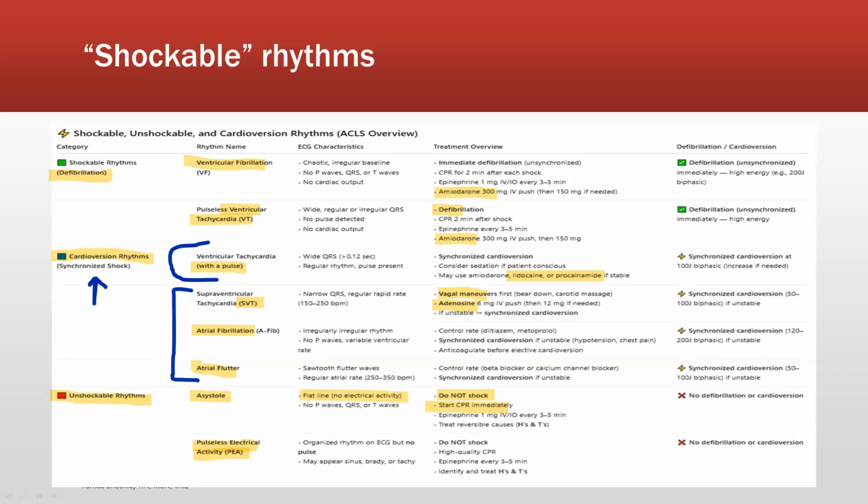But you absolutely cannot shock pulseless PEA. So if it appears as something sinus, brady, or tachy other than VTAC, you need to get a real pulse back so that we can hopefully end up shocking them or converting them into a normal rhythm.